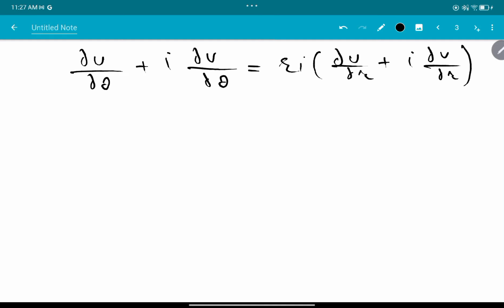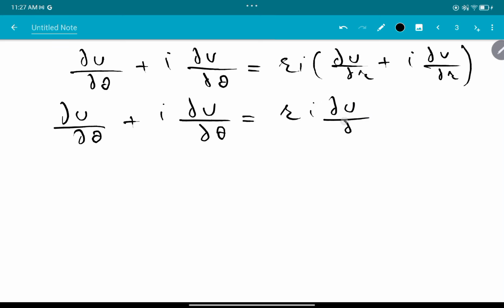Now we multiply this: del u by del theta plus i del v by del theta is equal to r i times del u by del r plus, when I multiply this with this, it becomes i into i squared, that is equal to minus 1 del v by del r.